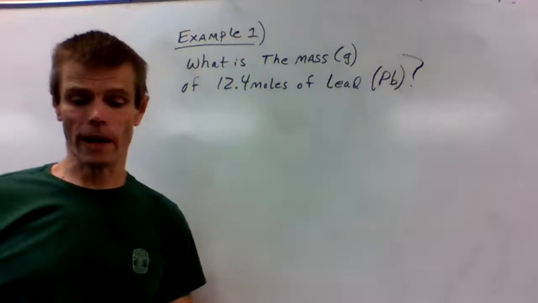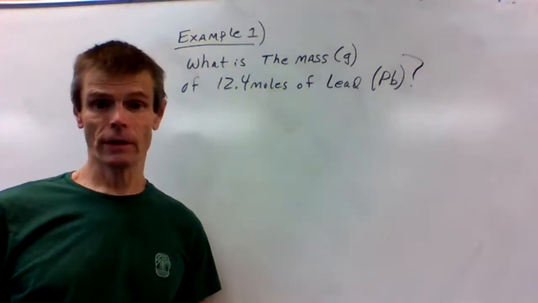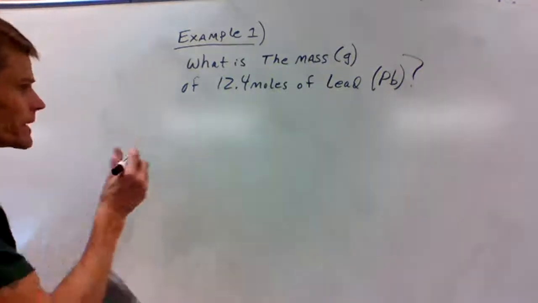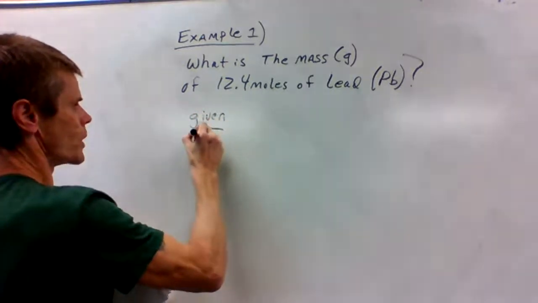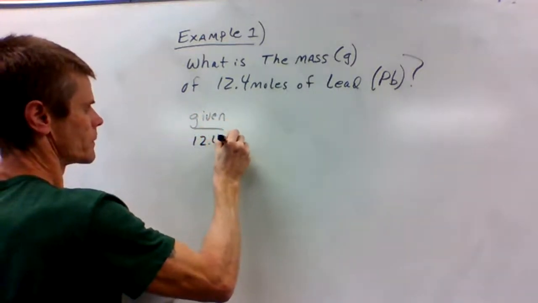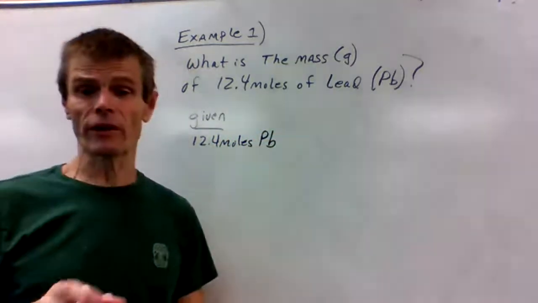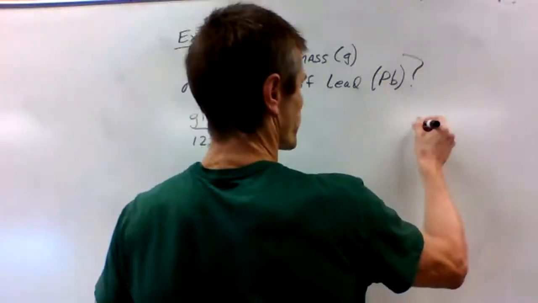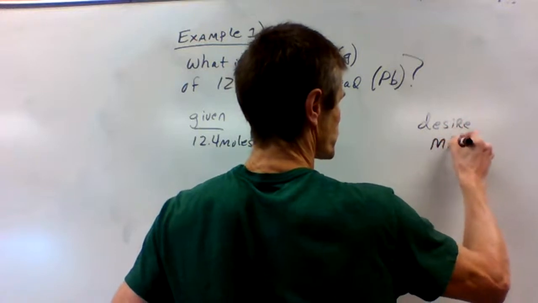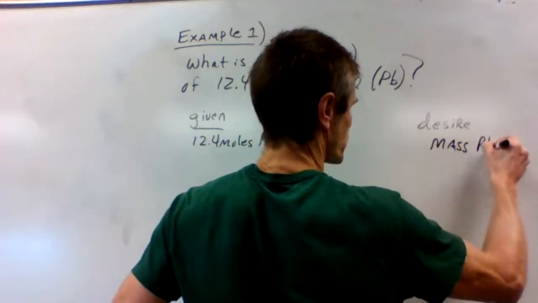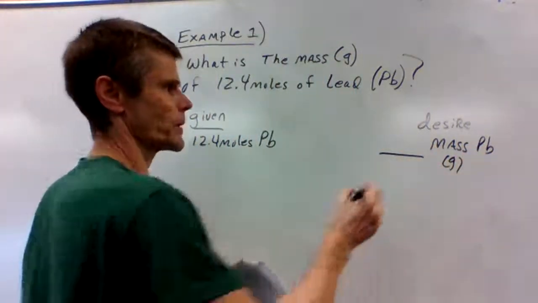So when we are starting any problem, I went through a strategy of writing down what you have, what's given, and what you desire. So what's given in this problem, 12.4 moles of lead. What we desire as an answer is the mass of lead, and we want our answer in grams. That's our big question here.